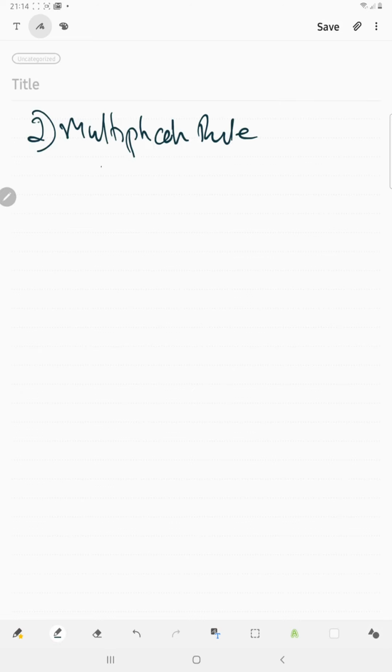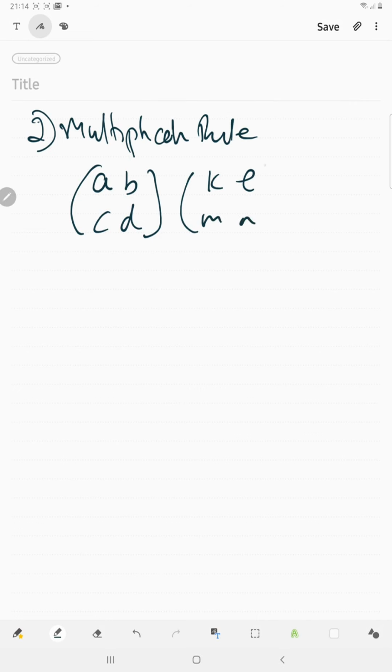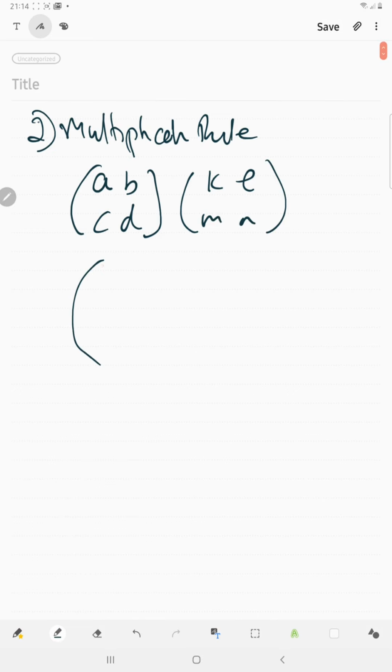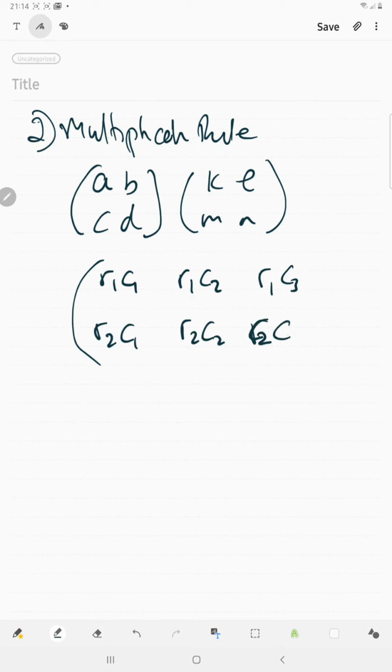Under the multiplication rule, you can have a matrix A, B, C, D, and another matrix K, L and M, N. Normally when you are multiplying in any matrix, this is row 1 column 1, this is row 1 column 2, this is row 1 column 3, this is row 2 column 1, this is row 2 column 2, and this is row 2 column 3.